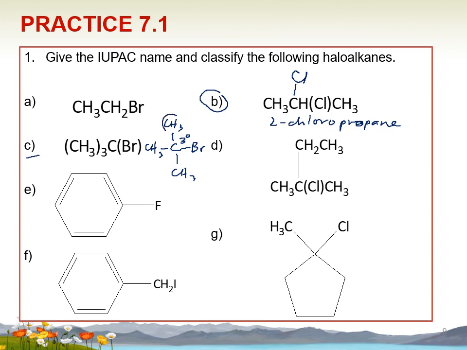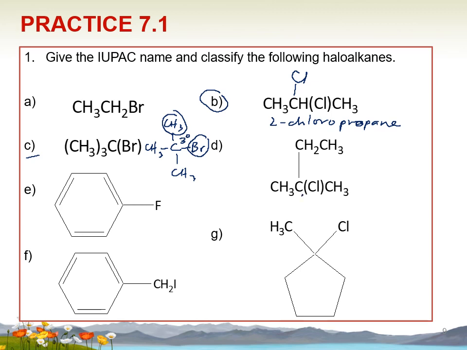But what is the name? We have 1 methyl and 1 bromo attached to carbon number 2. So this is 2-bromo-2-methylpropane.